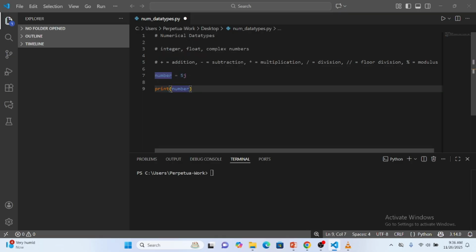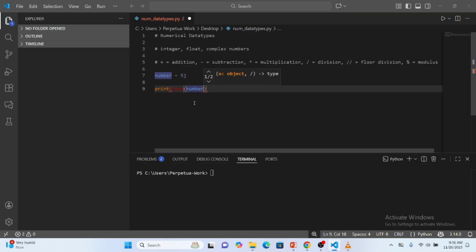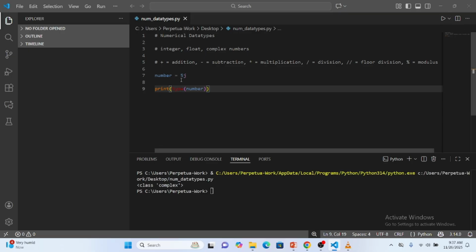Just this 5j is a complex number. So if I write type of this variable again and save and run, you see that it's a complex number. So you can decide to add another complex number to this, so plus 5j.